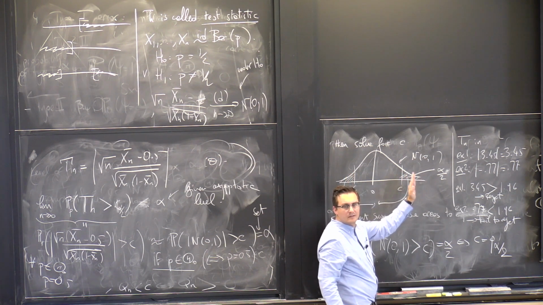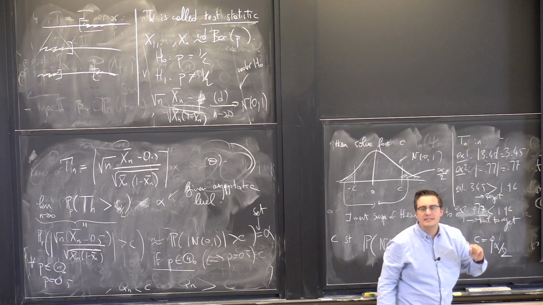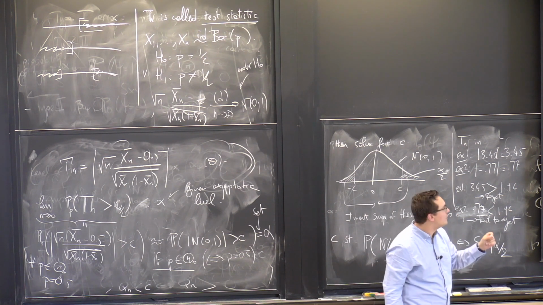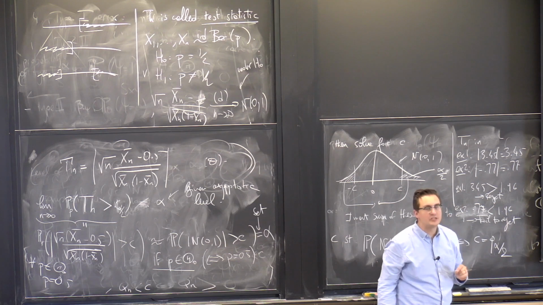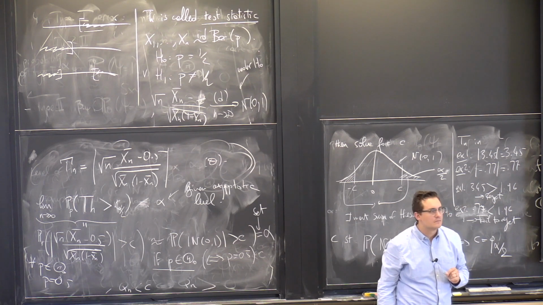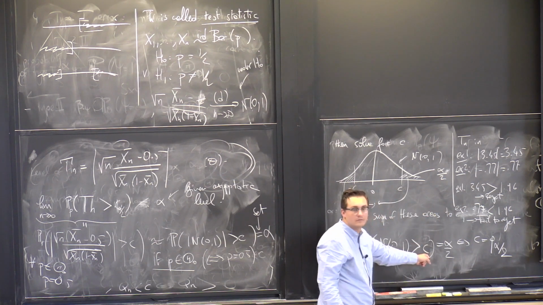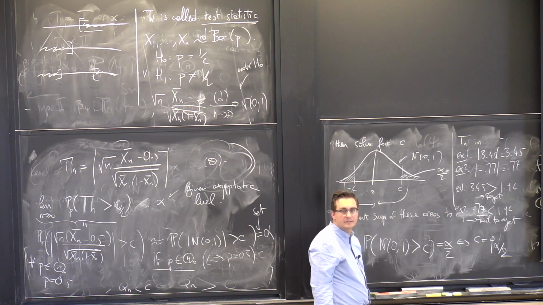So now I'm asking, what is the smallest C I should pick so that now I actually do not reject H0?